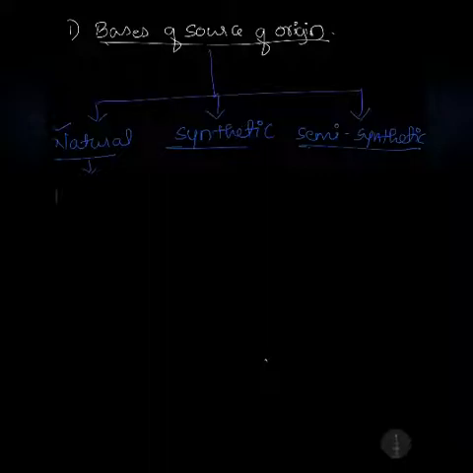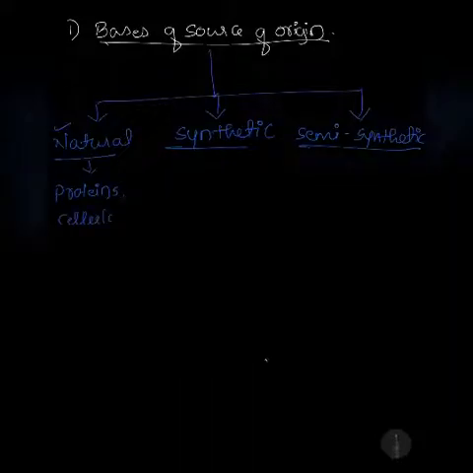Examples for this, which you already know, are proteins, cellulose, and starch, or some other examples occurring in plants and animals. These are also examples of natural polymers. Coming to synthetic polymers, these are man-made, students, remember, not naturally occurring.